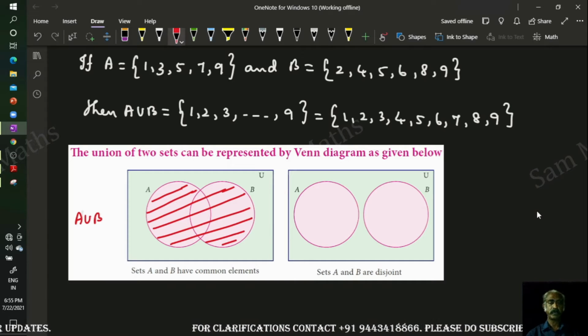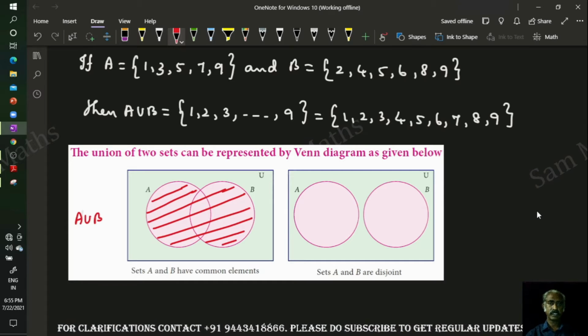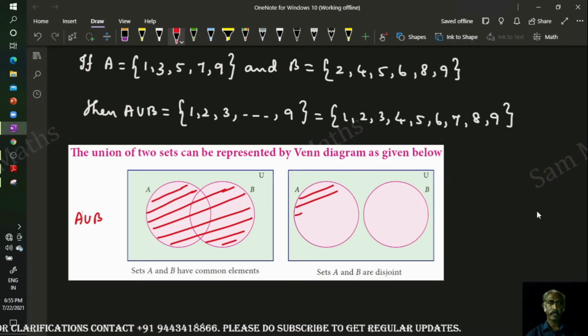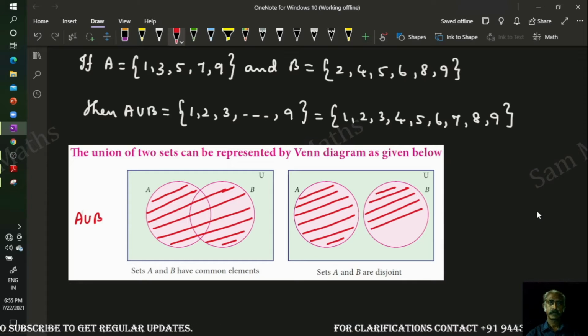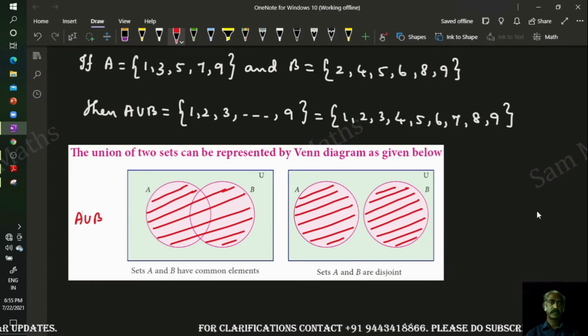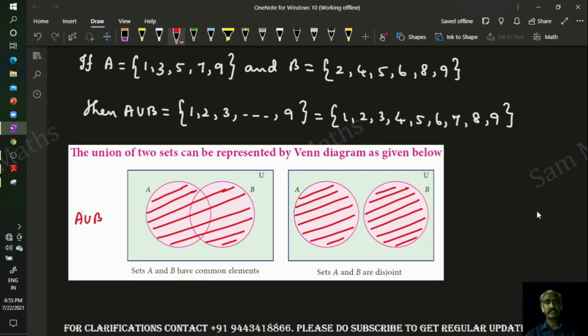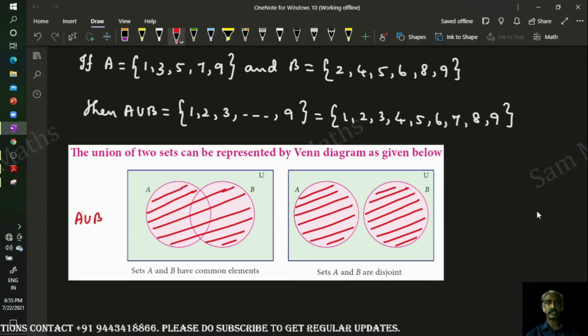This is A union B. If it is disjoint sets, that is the second one, in that case you have to shade A and B. Clear, children? Both represent A union B, but the first one is the example for joint sets, and joint sets are overlapping sets. The second one is disjoint sets.